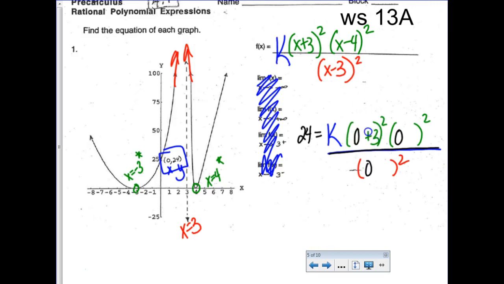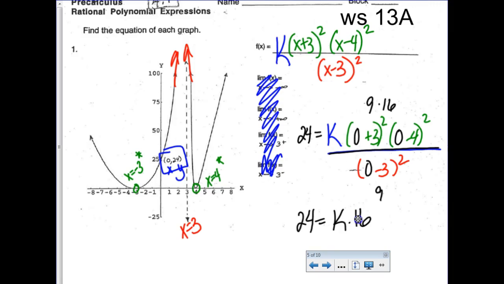You had a +3, you had a -4, and we had a -3 right here. So after doing a little simplifying, this is a 9 times a 16. Oh boy, we're going to have trouble here. 9 times 16 over, oh, I guess that's fine. This turns out to be a 9. So the 9s will cancel, and you get 24 equals k times 16.